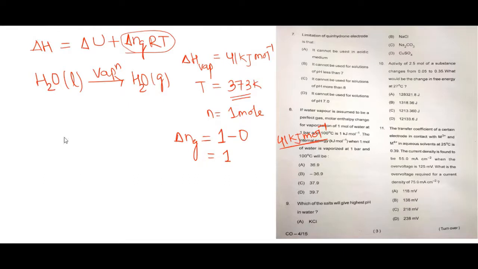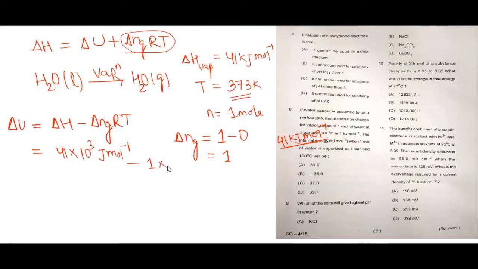So we have to find the total internal energy. Del U is equal to del H minus del Ng RT. Here del H is equal to 41 into kilo, means 10 to the power 3, joule per mole, minus del Ng, 1, into R, which is 8.314 joule per Kelvin per mole, multiplied by temperature 373 Kelvin.